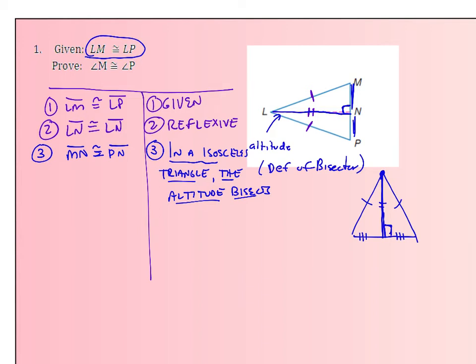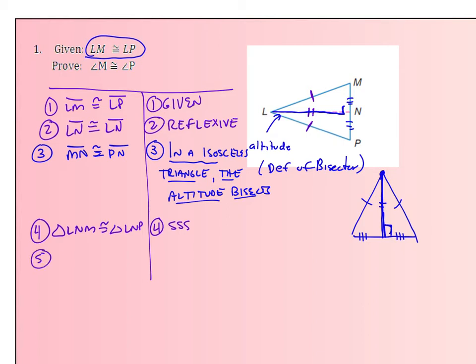Now let's look at what I've done by doing this. Those two are equal. So now I can say triangle LNM is congruent to triangle LNP by side, side, side, because I've got three sets of sides.